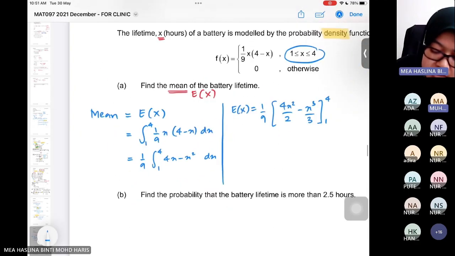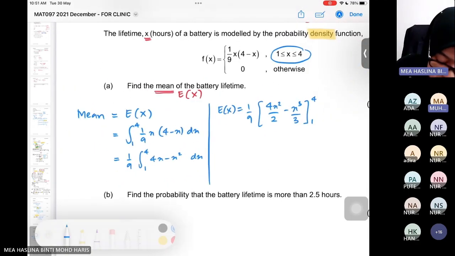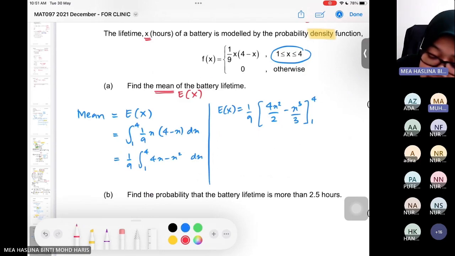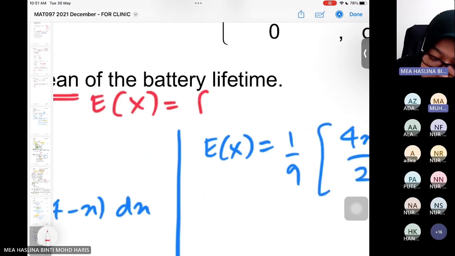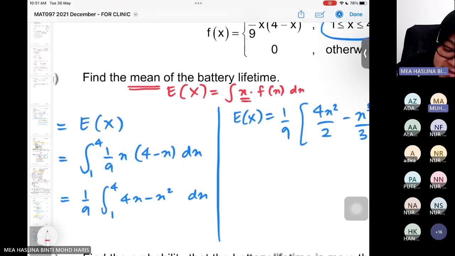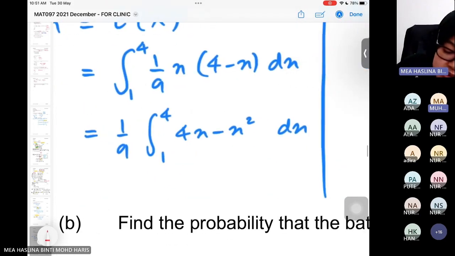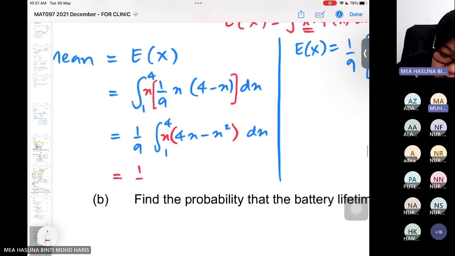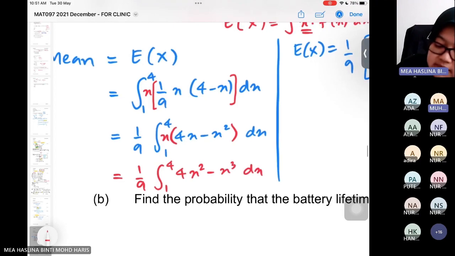Sorry, I missed something. Check the formula for E of X. This is a common error too. E of X is X multiplied by f(x) dx. So you need to multiply by X. So here you have 1 over 9, 1 to 4, 4x squared minus x cubed dx.